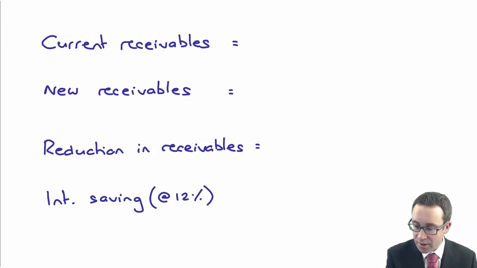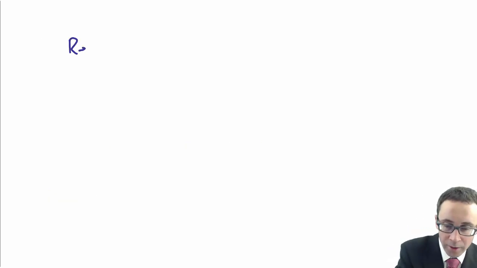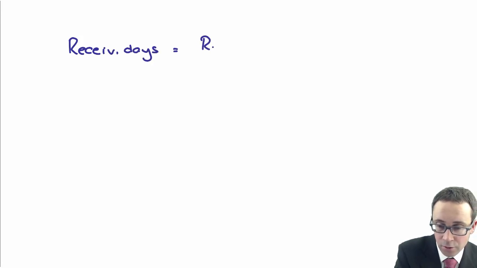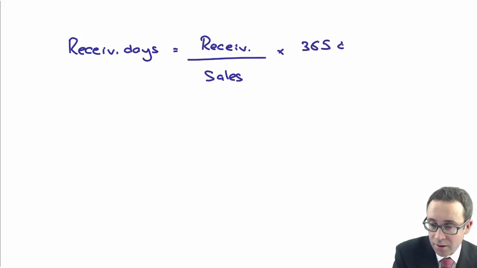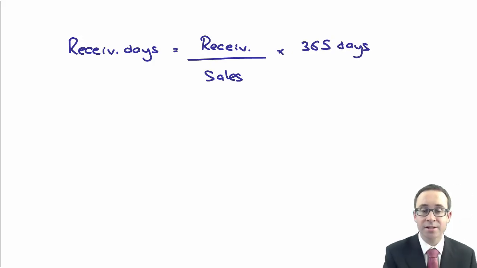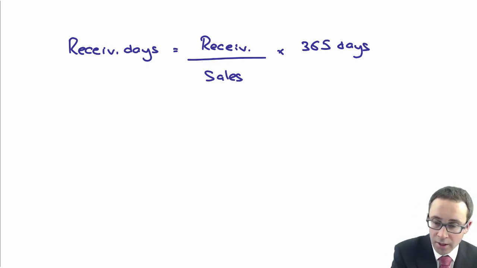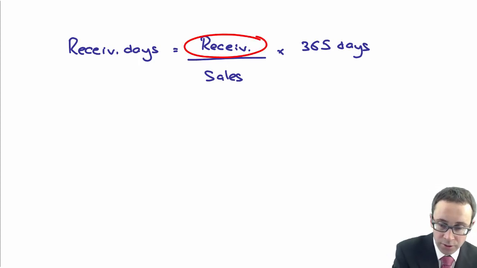So to work out the level of receivables, remember, you've got your formula, haven't you? In that your receivable days is equal to your receivables over your credit sales multiplied by 365 days. We are looking to work out the receivables.